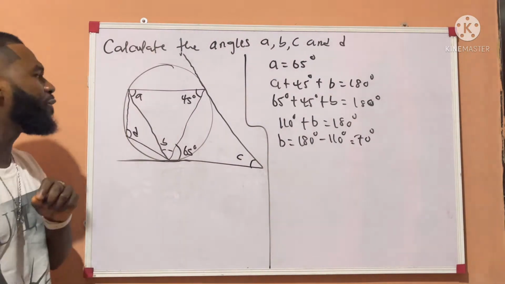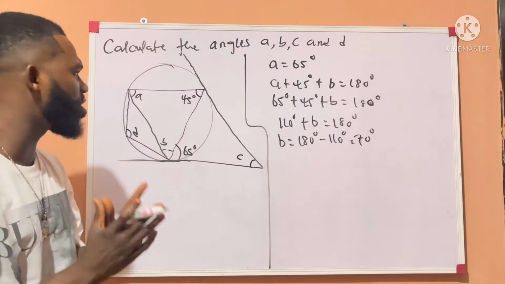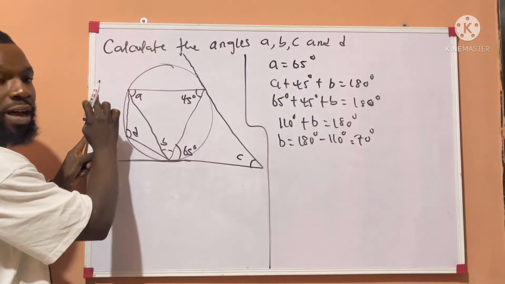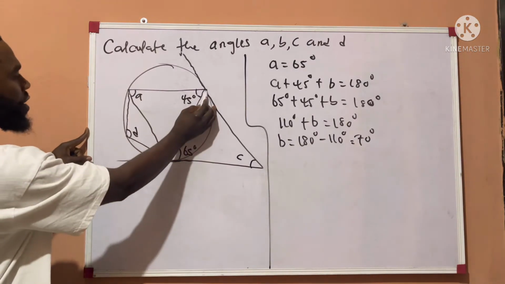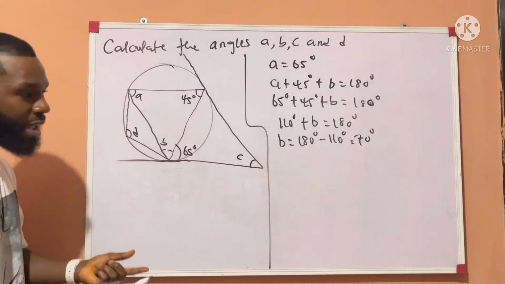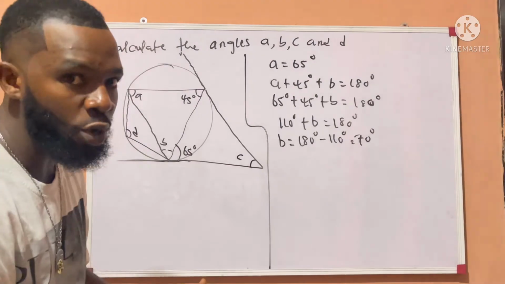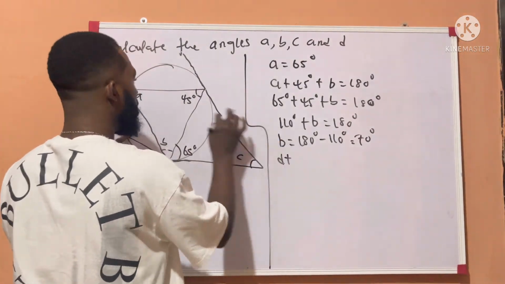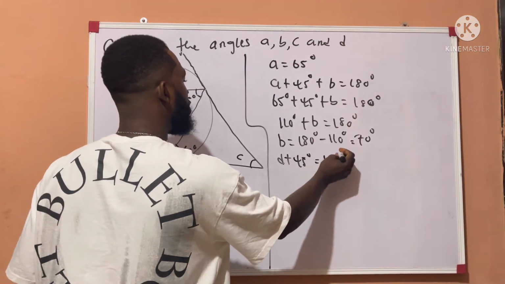Now, how can I get the value of D? According to one of the theorems which we also discussed, opposite angles of a cyclic quadrilateral add up to 180 degrees, because from this point to this point to this point and back to this point is a cyclic quadrilateral, and these two angles are opposite each other. So when you add them up, you will get 180 degrees. So D plus 45 degrees is equal to 180 degrees.